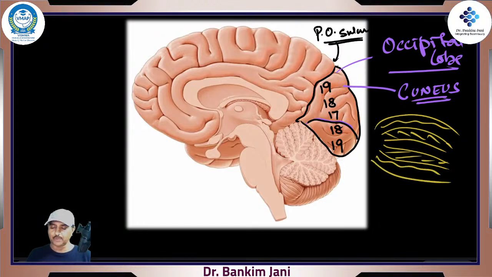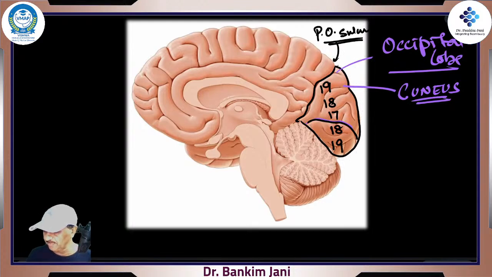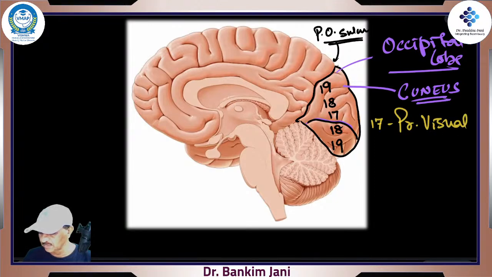Because Brodmann areas are based on cellular architecture, the numbers are arranged like this. The 17 is the primary visual cortex.